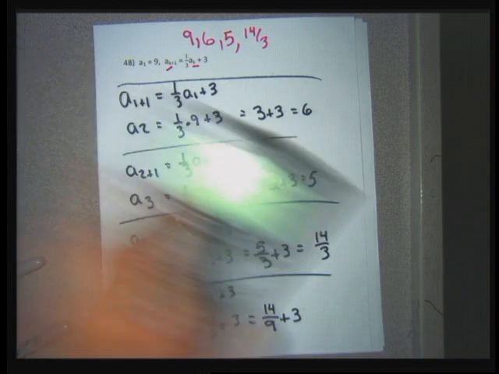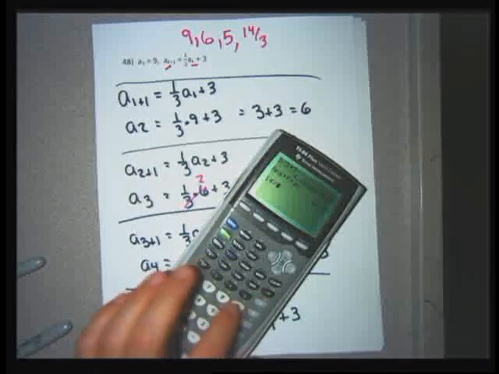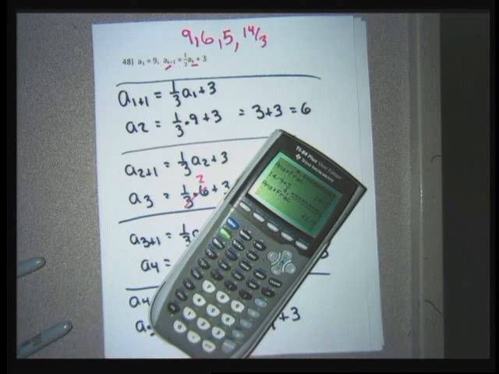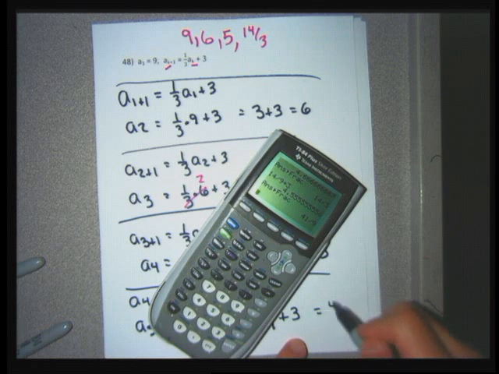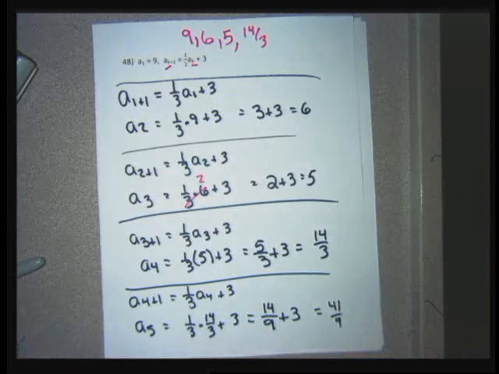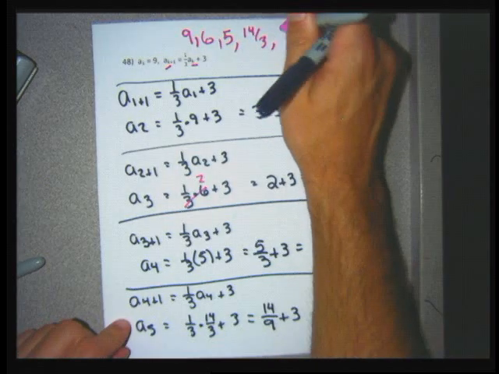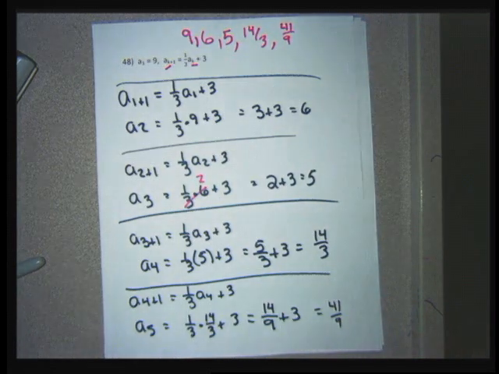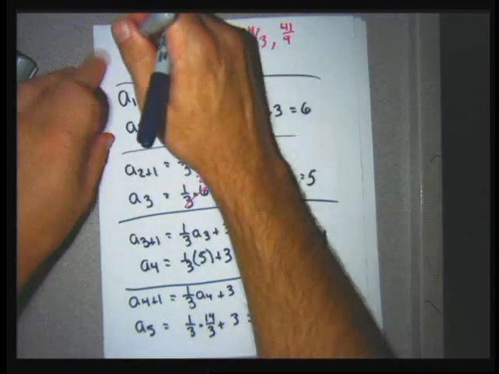I'm going to use my calculator for that. I'm going to go 14 divided by 9 plus 3, math, enter, enter. And my calculator tells me that the next number in my list is going to be 41/9. And since I'm only asked to find the first 5, given 1, I had to do computations to find 4. So that's the first 5 numbers in this sequence.